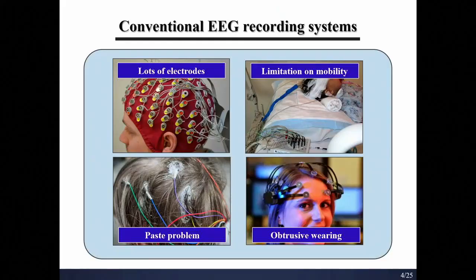Despite the interest of the general public, there are several drawbacks to conventional EEG recording systems. There are some limitations due to the characteristics of EEG signals coming from the head. The conventional EEG recording system has lots of electrodes, limited mobility, and pace problems, and even currently developed wearable EEG sensors have obtrusive wearing.